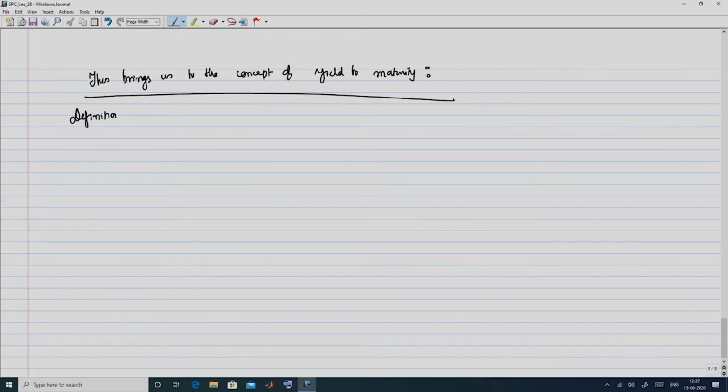So, we start off with a definition of the yield to maturity.